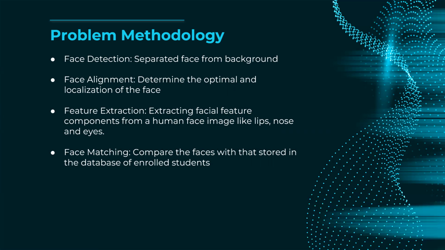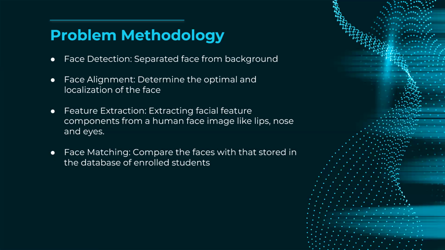The third one is feature extraction. This is the technique of extracting facial feature components from a human face, including elements such as lips, nose, and eyes. For the starter, processing techniques like face tracking, facial emotion recognition, and facial feature extraction are crucial.